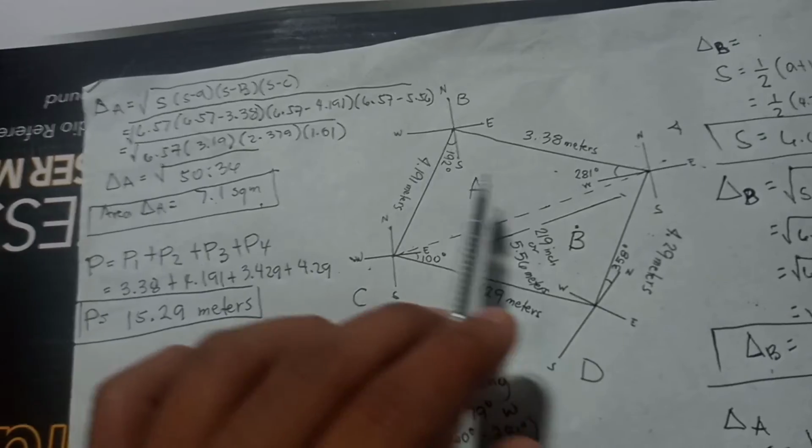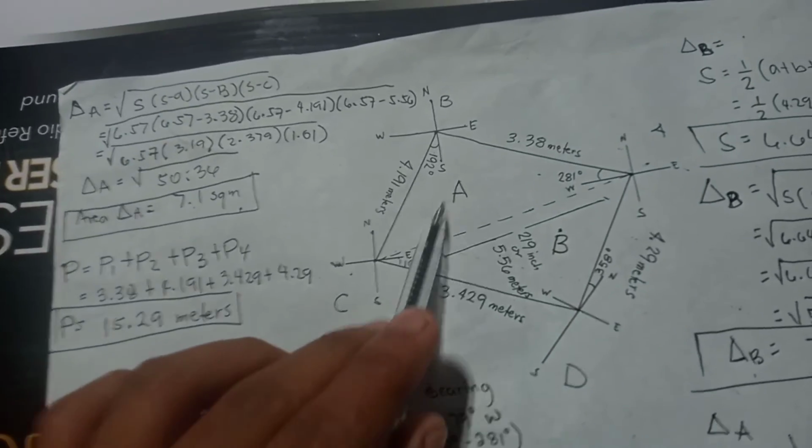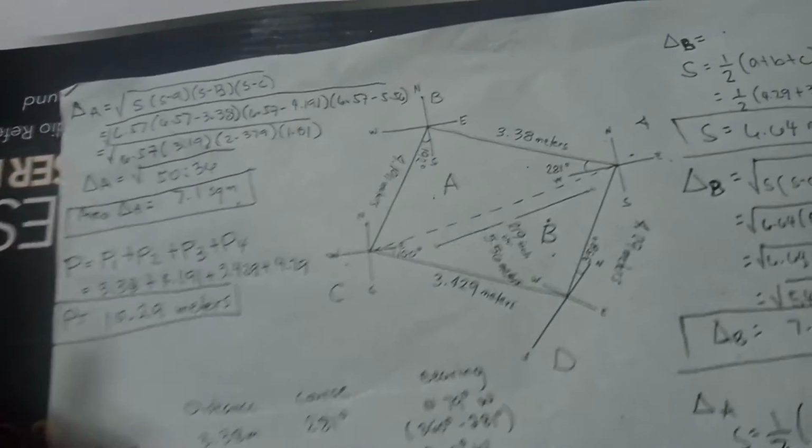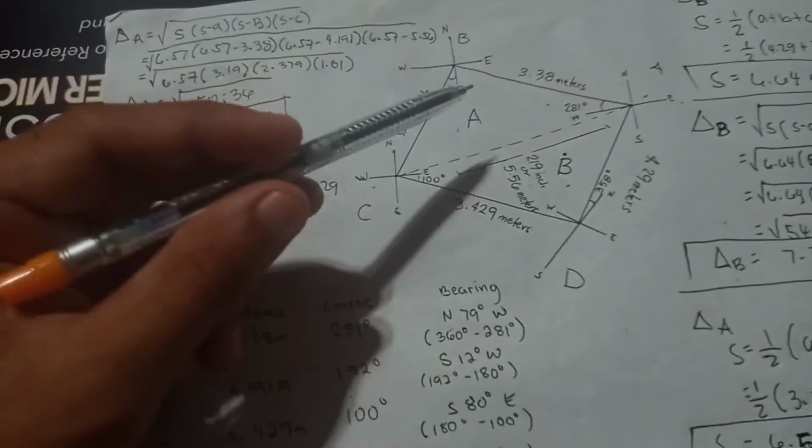So after solving the perimeter and the area of the two triangles, we will now add both the area of triangle A and triangle B to come up with the total land area.